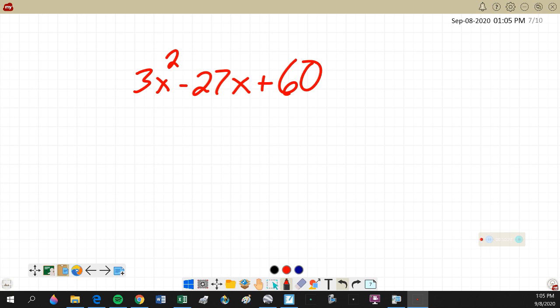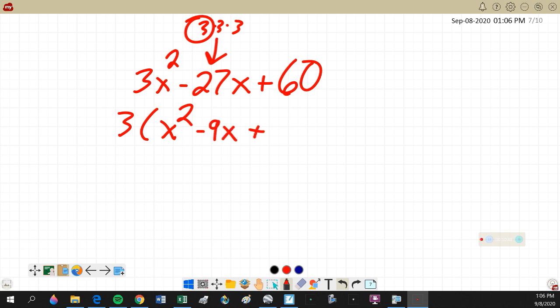A 3. So 3 times x squared. If I remove a 3 from the 27, what's left? 9. Because 27 is 3 times 3 times 3. If I get rid of one of them, then I still have a pair of 3's left over. So minus 9x plus, if I take a 3 out of 60, I'm left with plus 20.